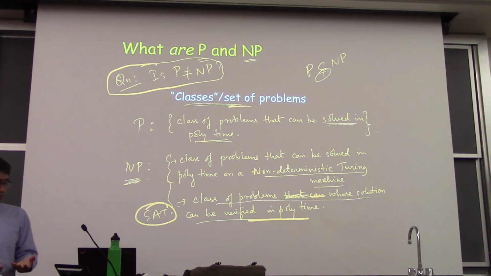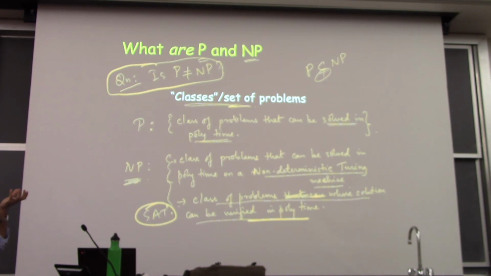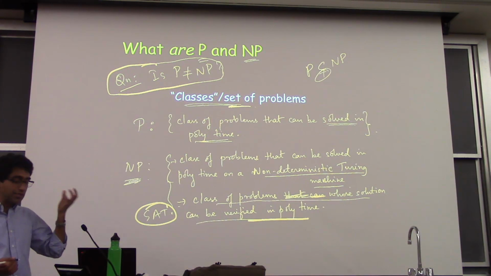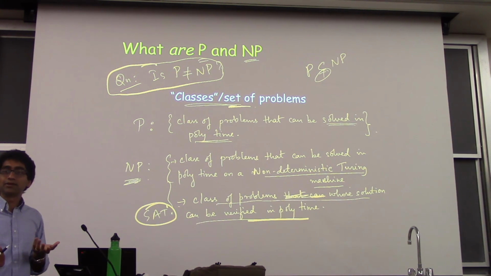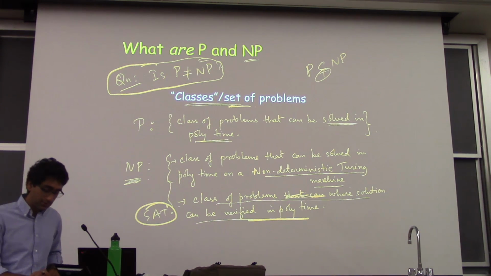If SAT cannot be solved efficiently, one question you could ask is, what does it tell me? Because we just said that if SAT can be solved efficiently, then all proofs can be automated, and the world becomes a much simpler place. But what if it cannot be? What does it tell us?